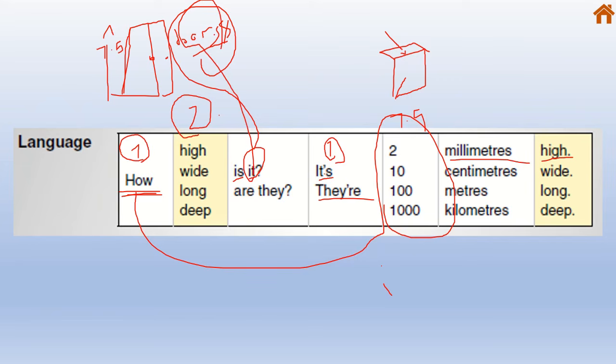Here you can use it or door. The answer, if the subject or the object you are talking about is singular, you need it is. If it was plural, more than one thing, you need they are. Then the number. So this is the answer. Number, and then the measurement unit. And finally, you need the adjective.